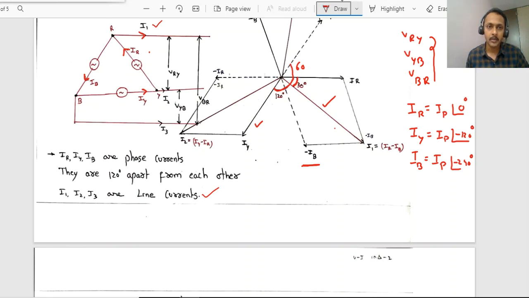Some people may write, instead of the current flowing between R and Y, IRY or IYR like that. The notation can be different. But depending upon the variables you have taken in the diagram, please follow that notation. Whatever current flows in this path is the phase current. In this line, line current. Variable names you can choose on your own. Thank you.